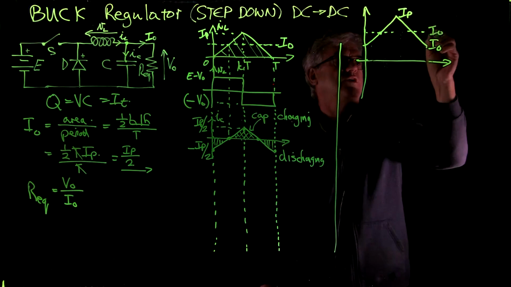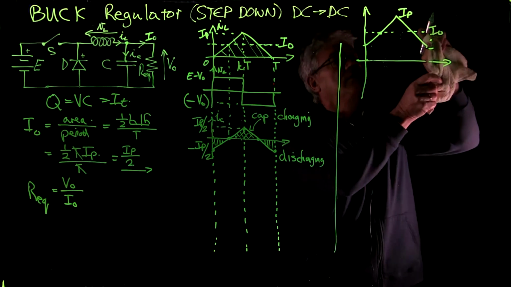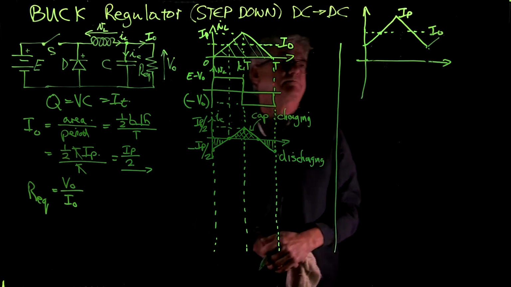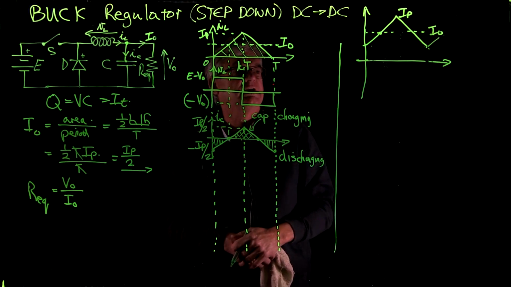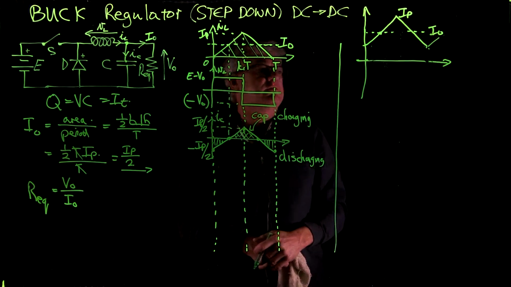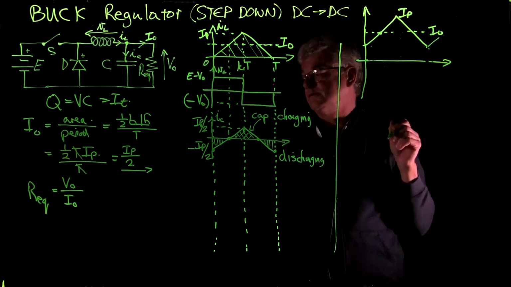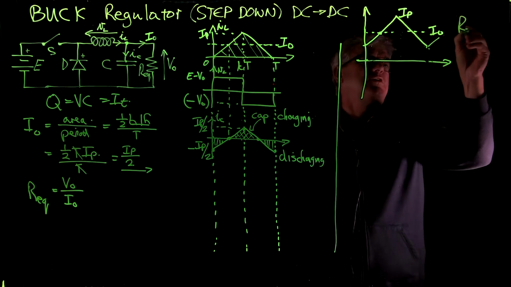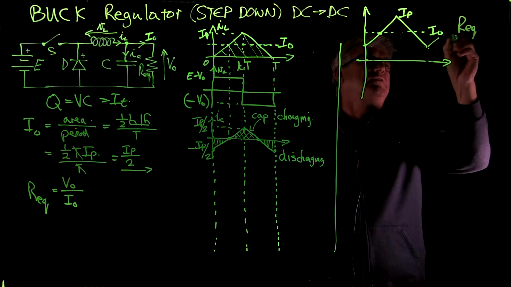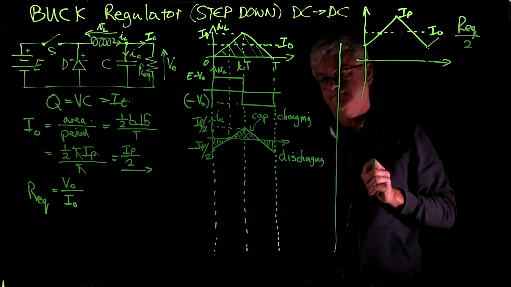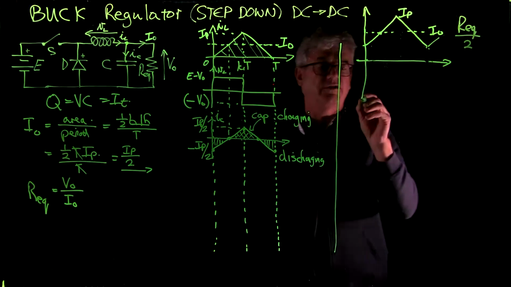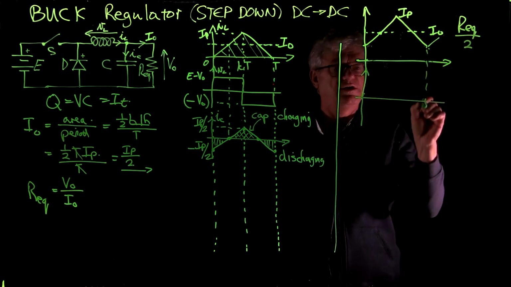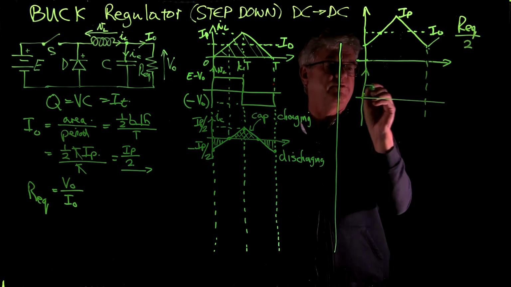And the I out will now be there. Well, R equivalent is now divided by 2. The voltage over the inductor will stay exactly the same as it was before.